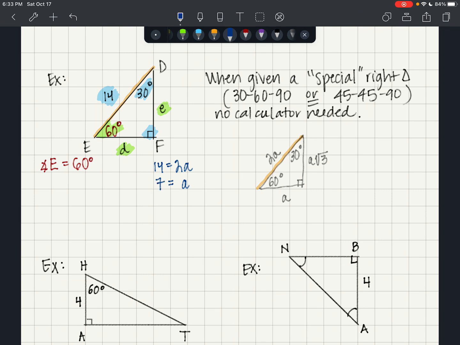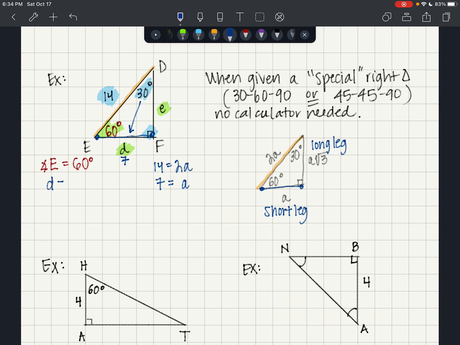So the side that is A is across from the 30-degree angle. We'll call this the short leg, the short leg in the 30, 60, 90 versus the long leg. The short leg is going to be half the hypotenuse.